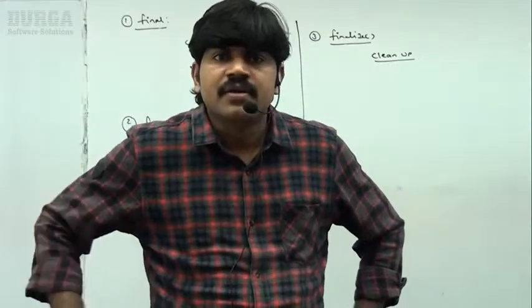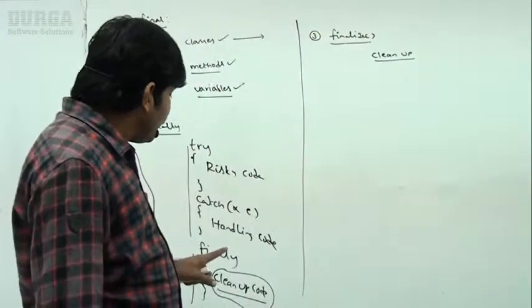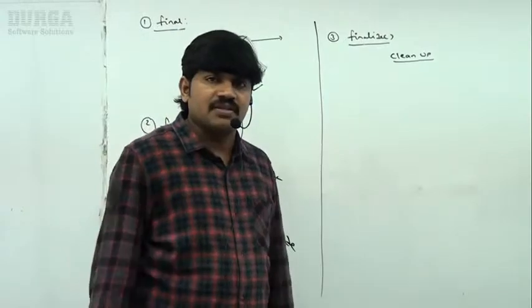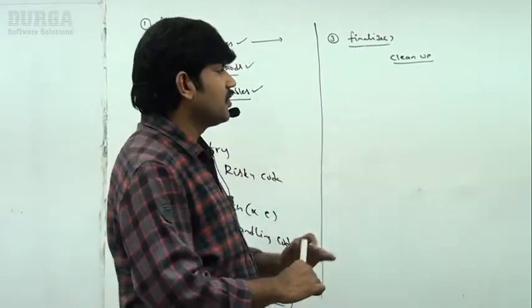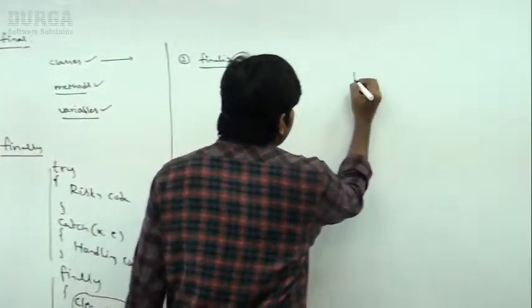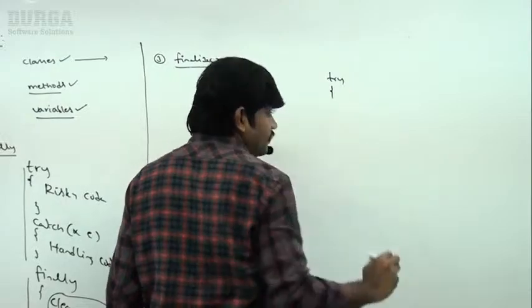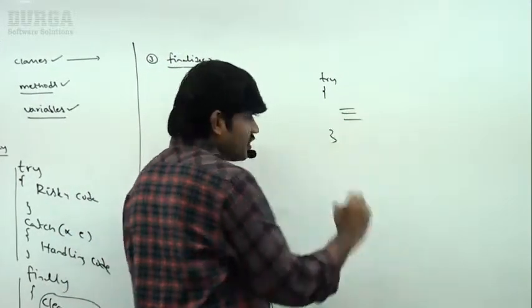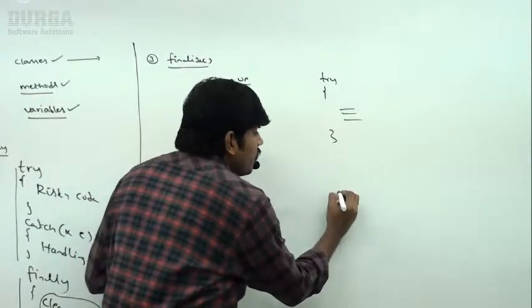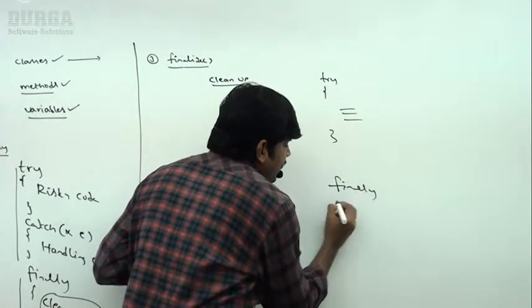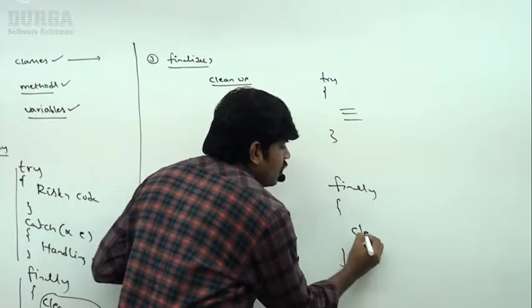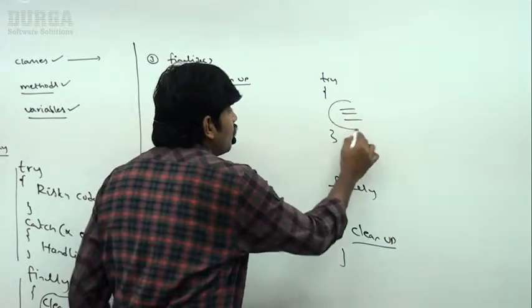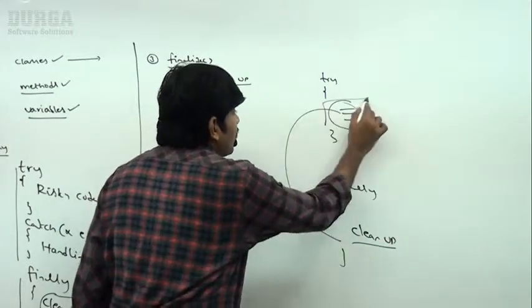No, both are different. In the same way, sir, finally and finalize are different. Where is the difference? Very simple, sir. Observe carefully. Here, within the try block, I open some resources. Now, finally is responsible to perform cleanup code, to close the resources opened as part of the try block.